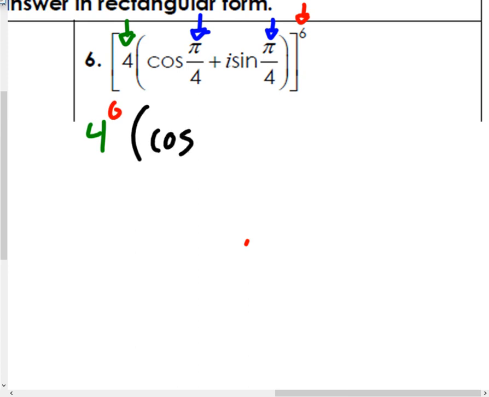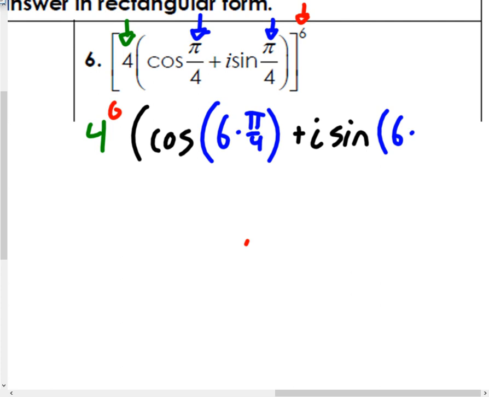And then we also want cosine of 6 times pi over 4, and i sine of 6 times pi over 4. So cleaning this up, 4 to the 6th power will be 4,096.